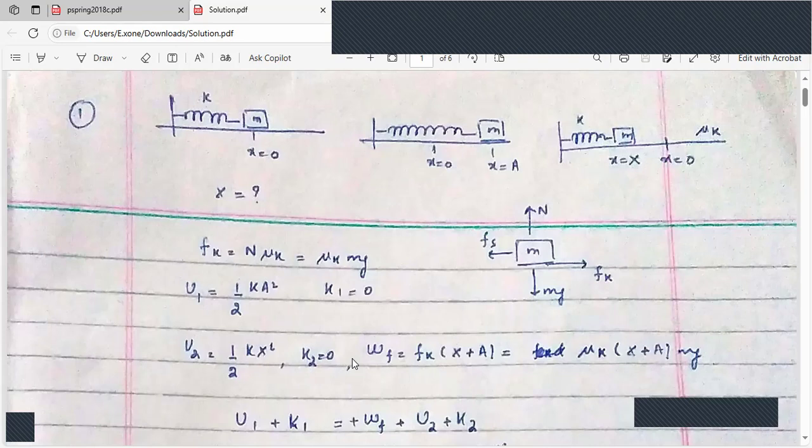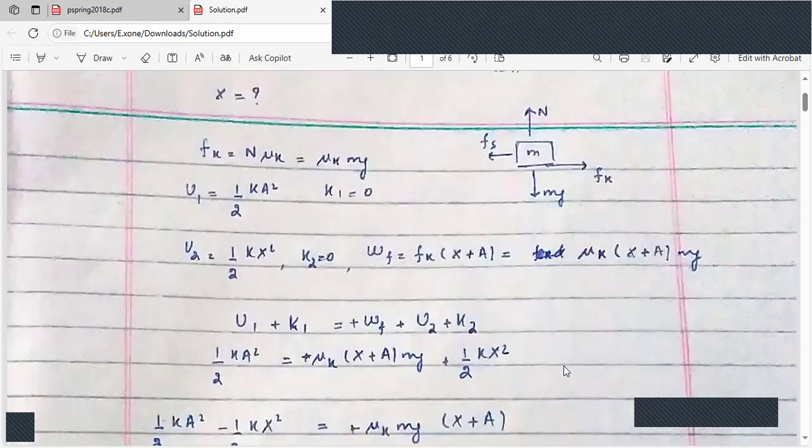The work done by the kinetic friction should be the addition of two works: the work done by kinetic friction from x equal to a to x equal to 0, then from x equal to 0 to x, which we are going to find. So we have the work done by the kinetic friction as given here.